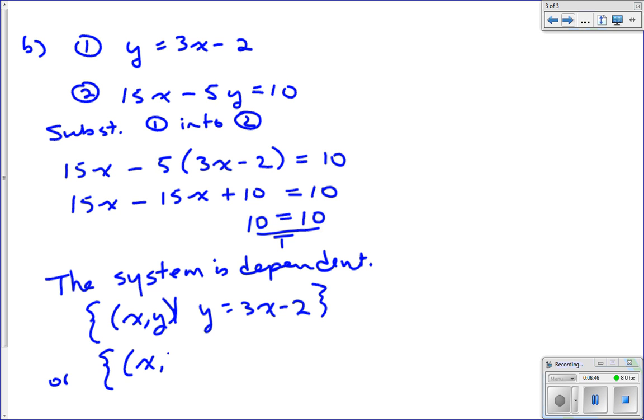And you would only need to write down one of these, such that 15x minus 5y equals 10. If the x and y pair satisfies 15x minus 5y equals 10, then that x and y pair is a solution to that system.